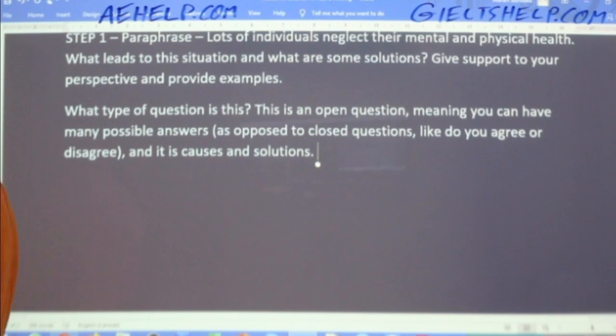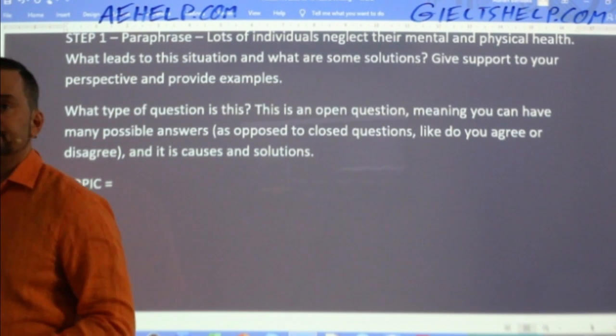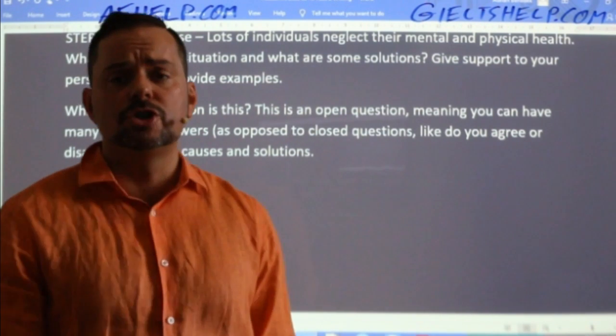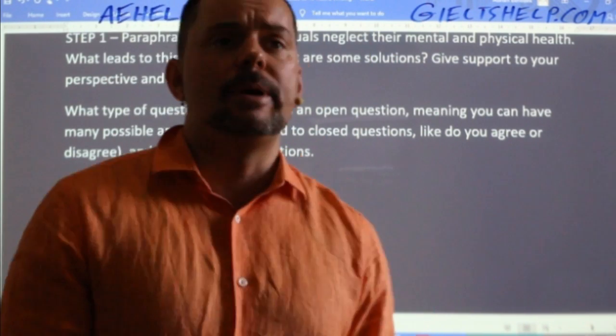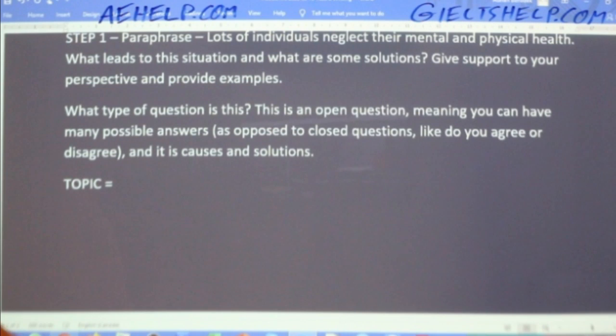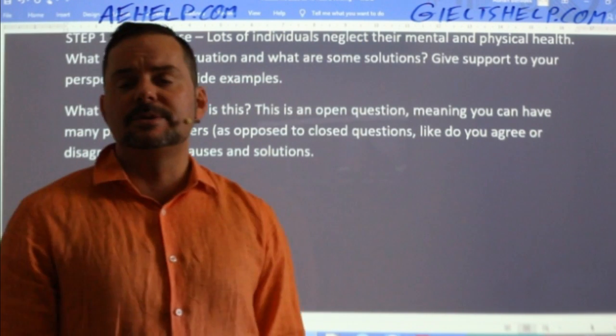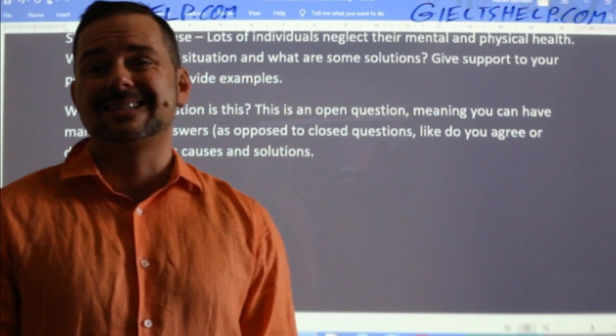Okay, what's the topic? So it's a causes and solutions open question, right? Open question. And what's the topic? What are we talking about? What are we specifically targeting or discussing here?